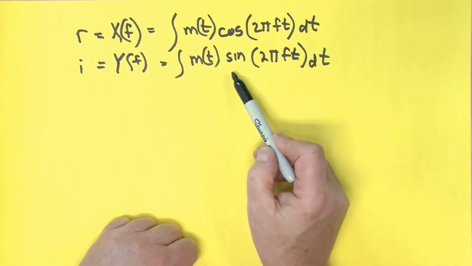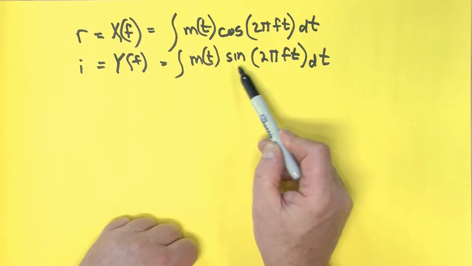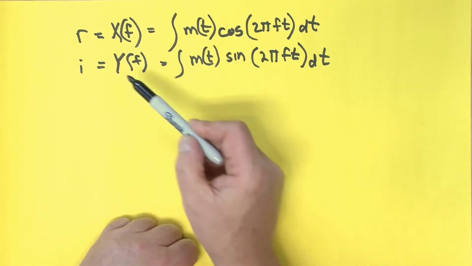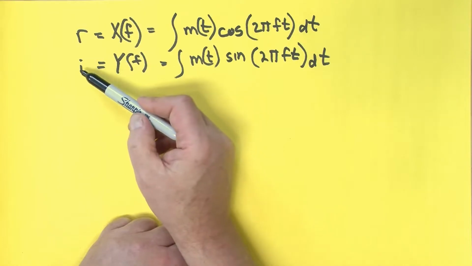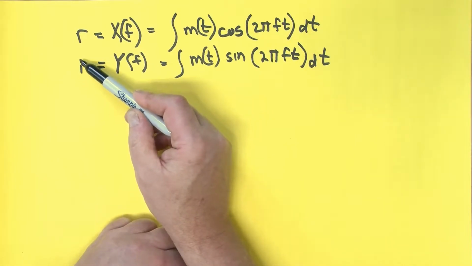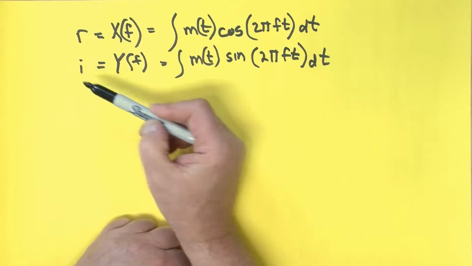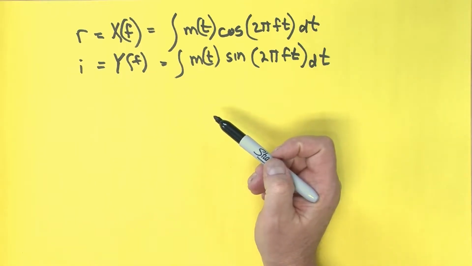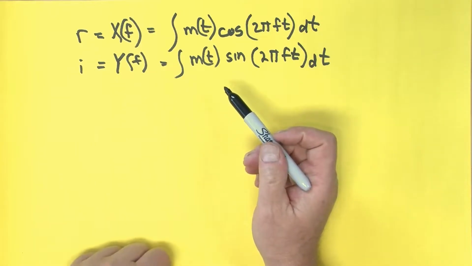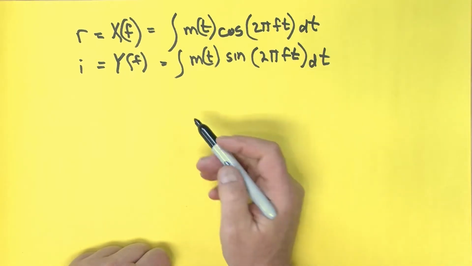And if we do the same thing using the sine function in here, we get the y value, which on a graph corresponds just as easily to an imaginary value. And what we want to do now is combine them.